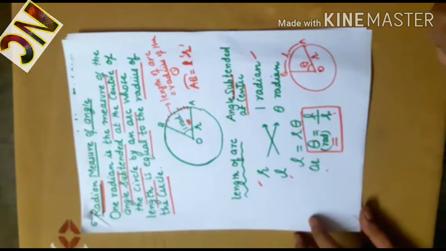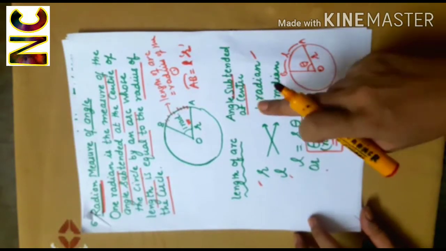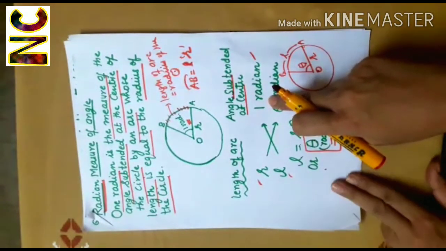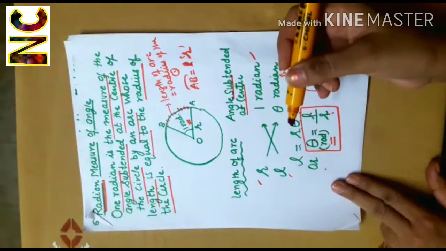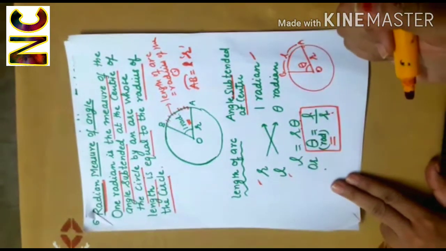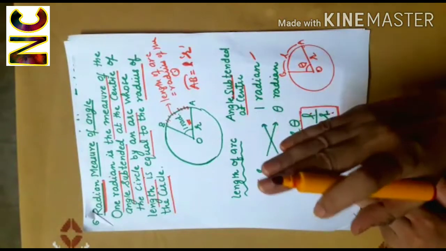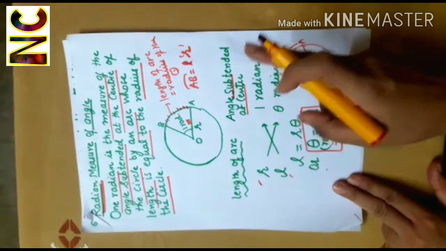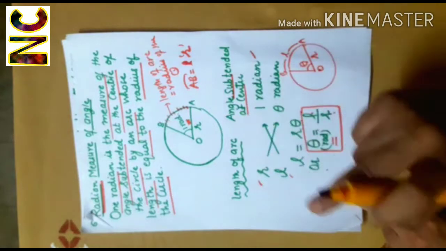In the last class, we discussed angle, radian measure of an angle, and how to convert radian measure to degree measure and degree measure to radian measure.